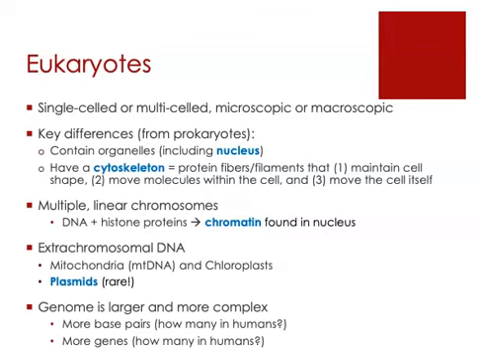Remember too that in a eukaryote, the DNA molecule, the double helix of DNA, gets wrapped around a particular type of protein called a histone protein. And once the DNA is all wrapped around histone proteins, it's very carefully stacked and folded into a structure that we call chromatin. Chromatin then resides in the organelle called the nucleus.